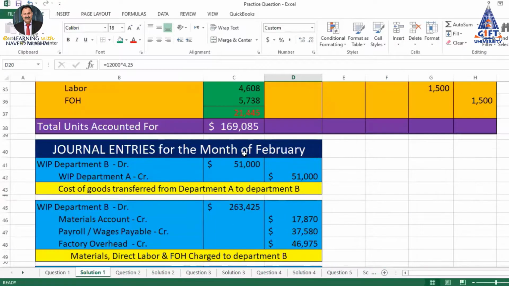So 51,000 is debited, and work in process department A is credited, because that is the transferring department, that department has transferred goods or transferred the cost to department B. So department B's asset has increased and department A's work in process has decreased. That's why this is credited. So in this way, this is the entry of cost of goods transferred from department A to department B.